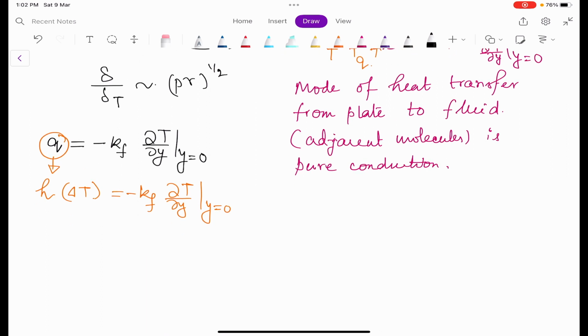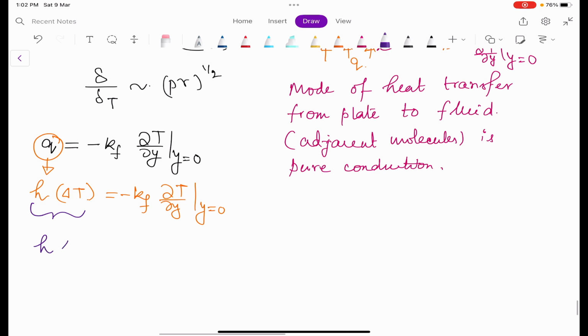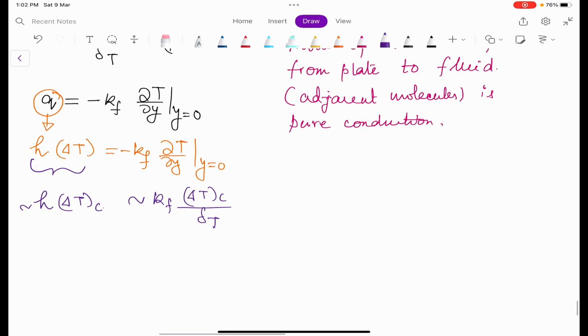Let me now apply the order of magnitude analysis on this equation. The order of this term will be h into delta Tc, and here also the order will be kf into delta Tc into delta t by delta t. So this delta Tc will be cancelled out, and h delta t by kf is of the order of 1.